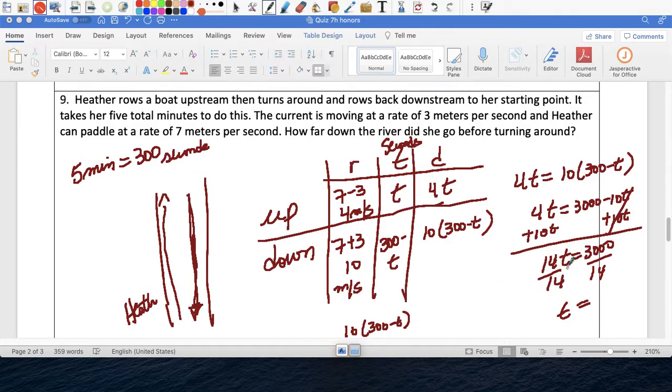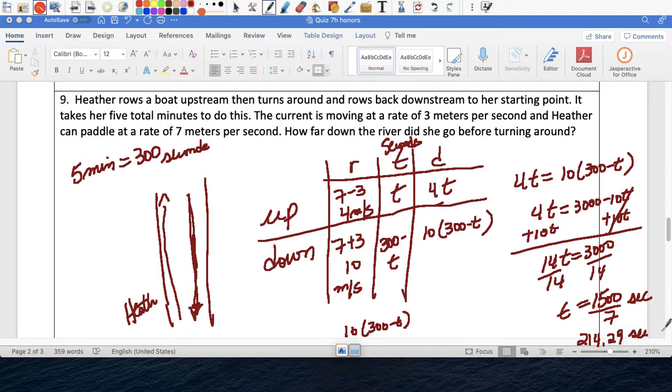It's going to be a weird number. I'd rather you leave it as 1,500 over 7 seconds. But if you change it to decimal, you're going to get 214.29 seconds rounded, by the way.